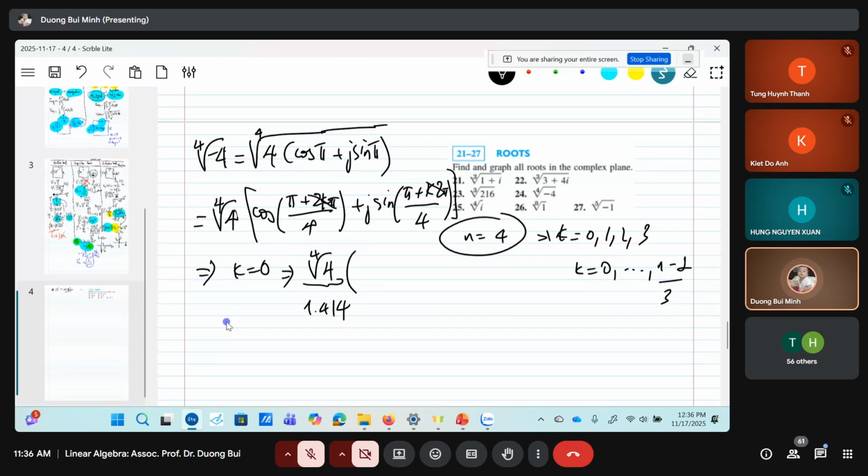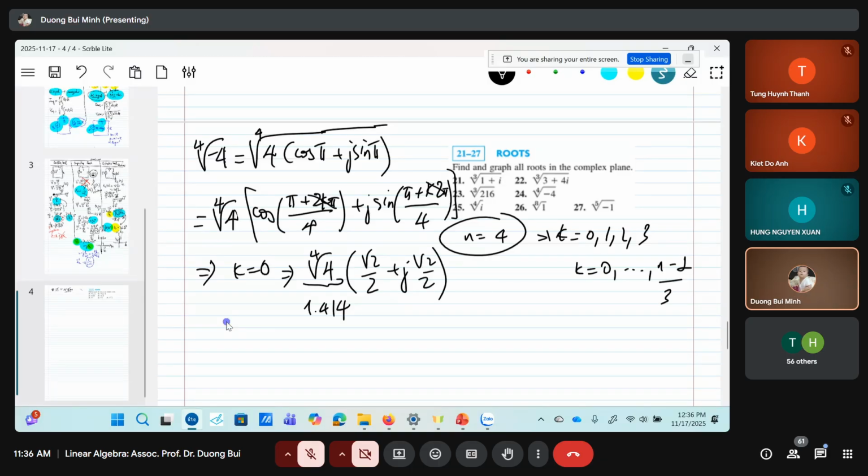Pi over 4 means 45 degrees. So you get the root of 2 over 2 plus j sine of 45, so you get the root of 2 over 2.